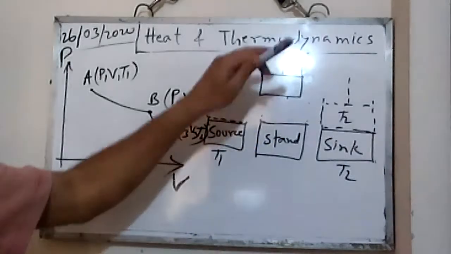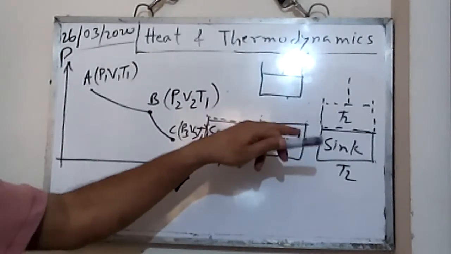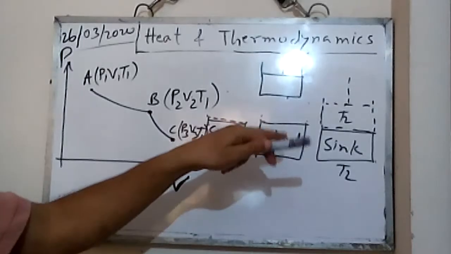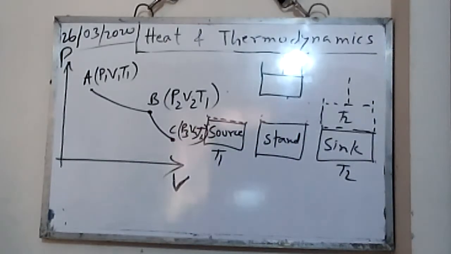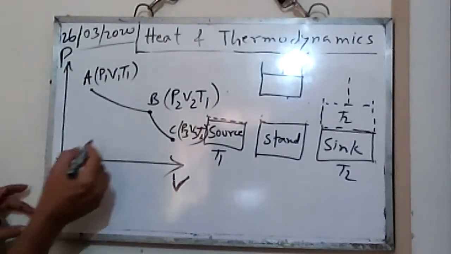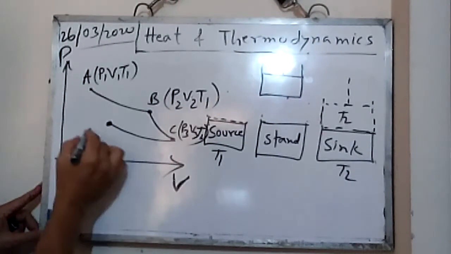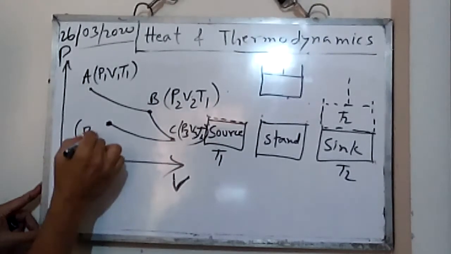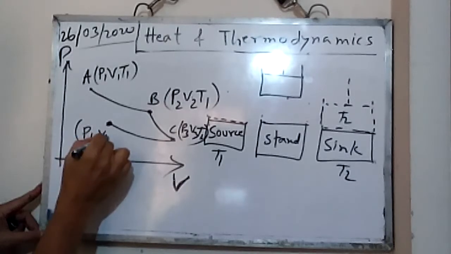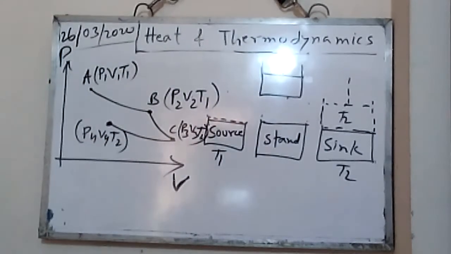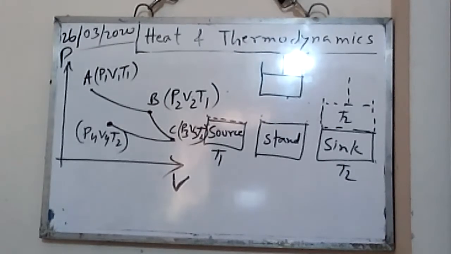So the compression that occurred here takes place isothermally at the constant temperature T2. Here the pressure rises, volume decreases, and temperature remains the same, T2. This is the third operation.